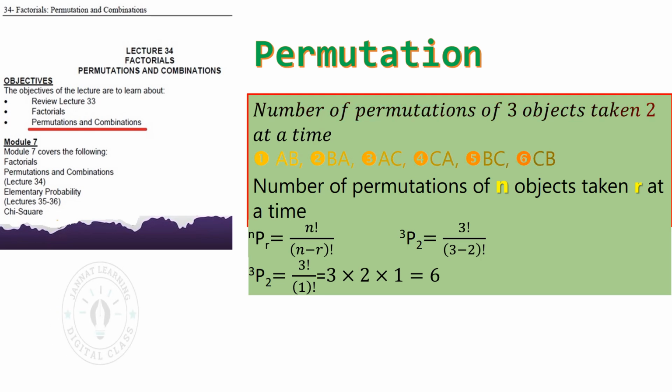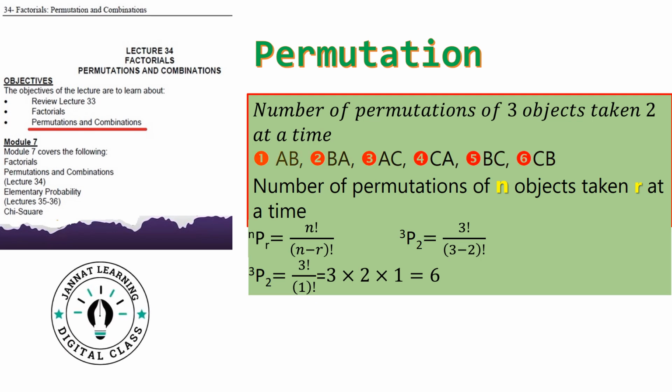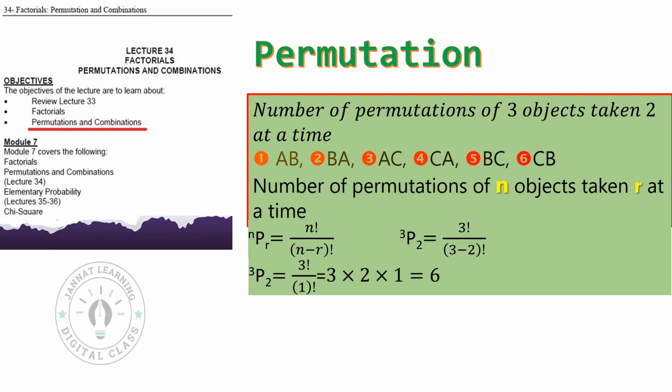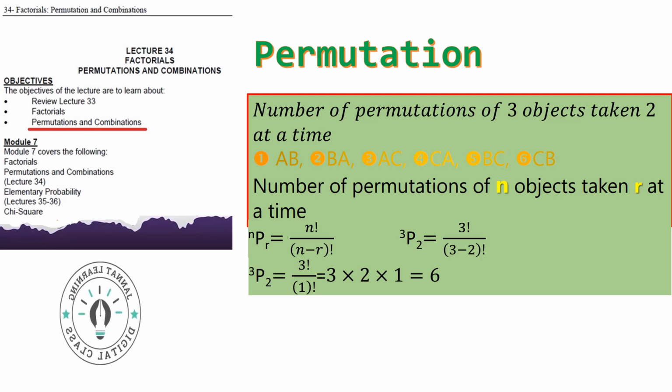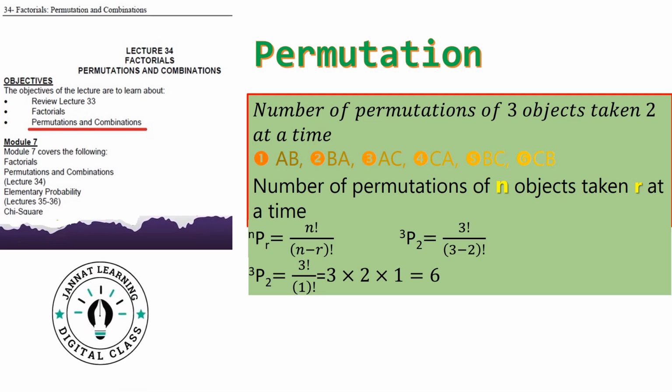First, AB. Second, BA. Third, AC. Fourth, CA. Fifth, BC. And sixth is CB.